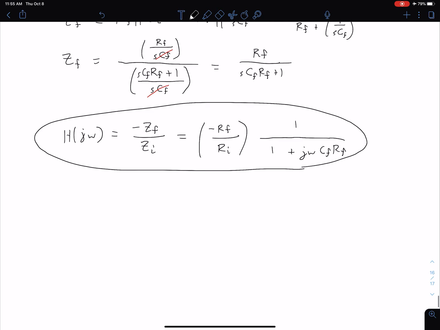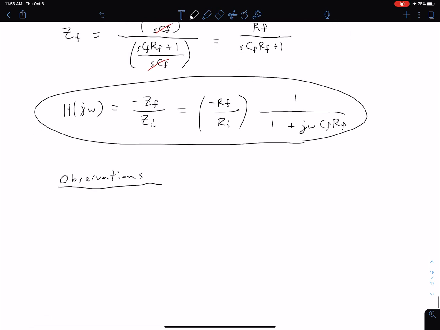A couple observations that we can make. We have a couple options. We can compare this to our previous analysis and say by inspection it looks similar to what we've seen before, or we could think through it from the start again in terms of considering our extreme cases.